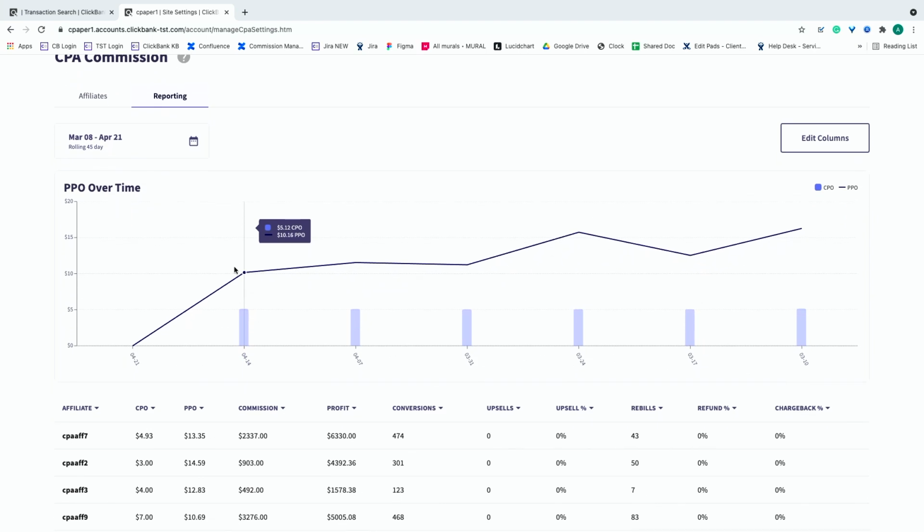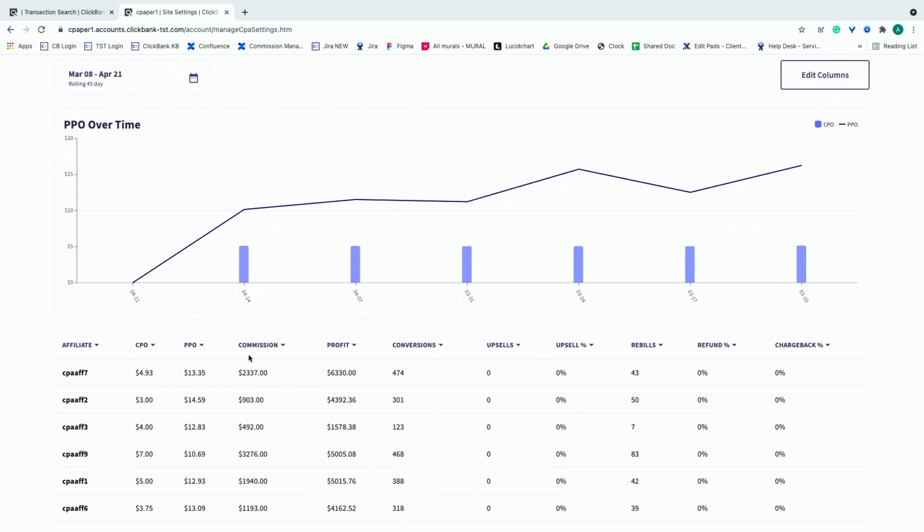So what this report does is allow someone to check their profitability for each CPA commission that they've set. I'll walk through the metrics here. CPO is commission per order, so we are showing how much CPA commission these affiliates have received.